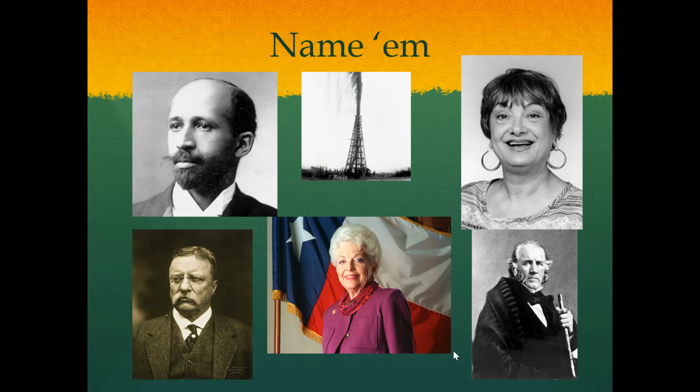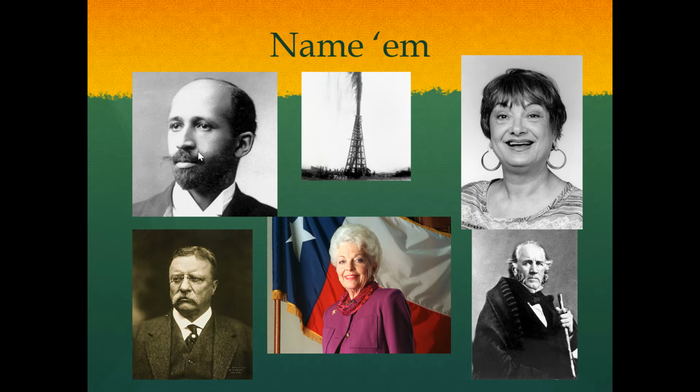Okay, coming back. This at the top left is W.E.B. Du Bois. You'll find him in the 5th grade TEKS. He is a slave abolitionist, a very prolific writer, a well-educated Black man in the United States during the post-Civil War era.